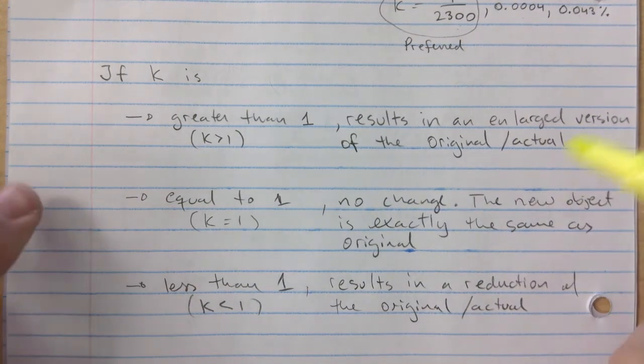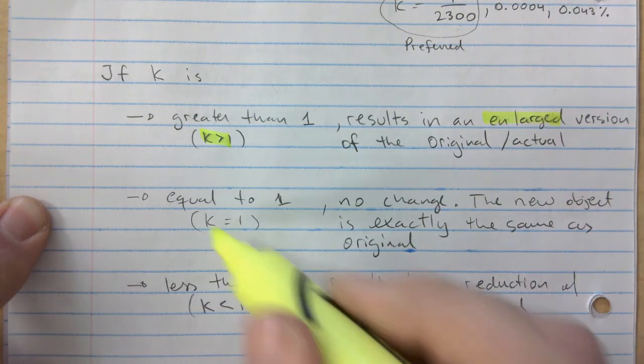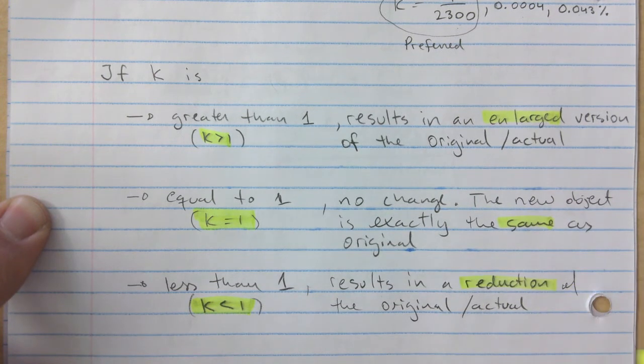Highlighter: K greater than 1, enlargement; K is equal to 1, the same; K is less than 1, it's a reduction. Okay.